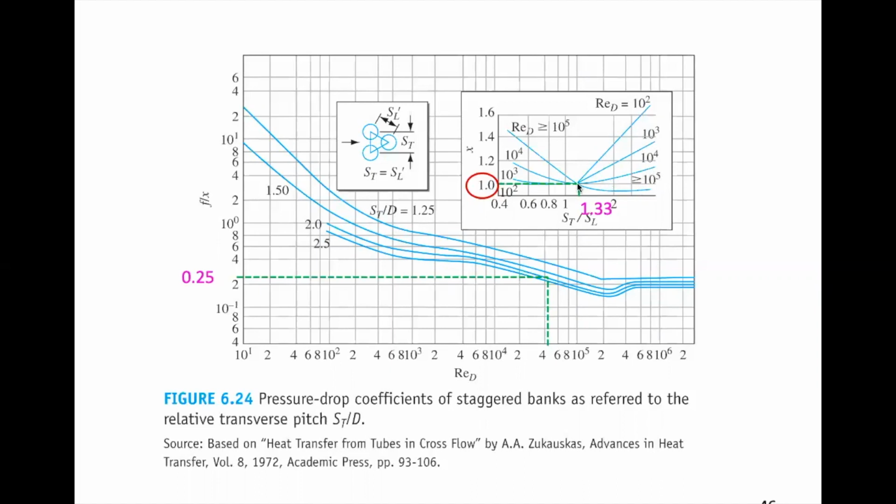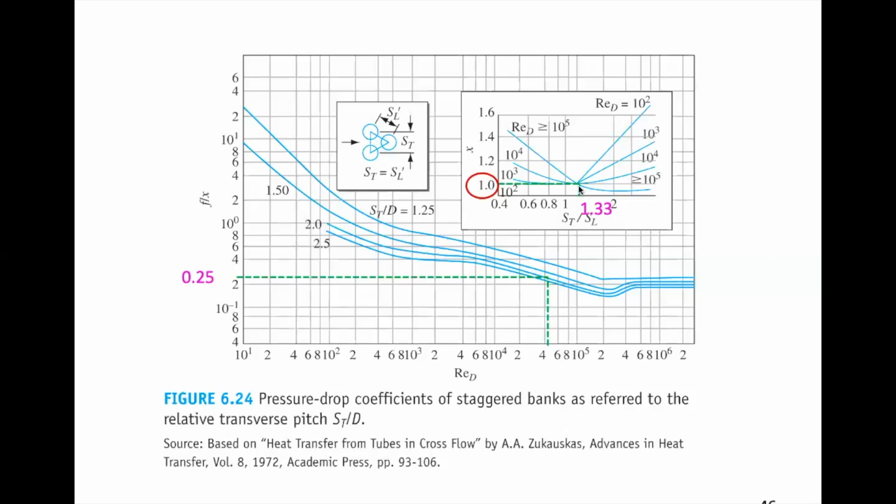So 10 to the 4 would be here. ST over SL was 1.3 because it was 8 divided by 6. So we are here. We go all the way to the left, and we get 0.25 f, right? But we need to know how much is that X, so we can have the pressure drop coefficient to put into our equation.